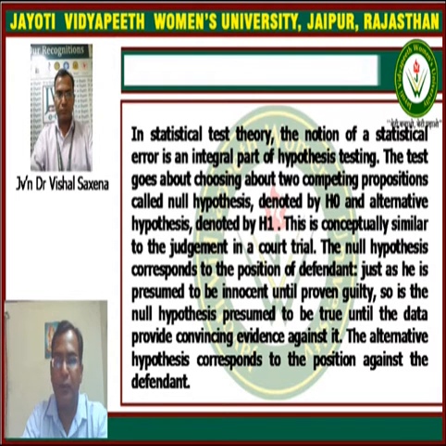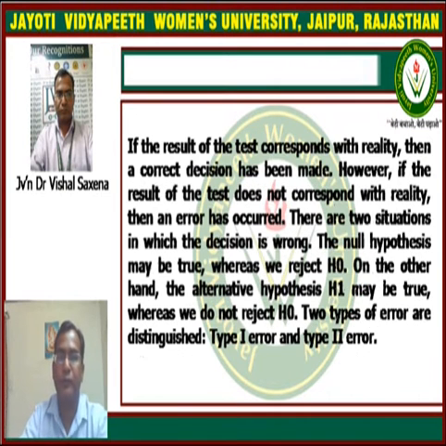The null hypothesis corresponds to the position of the defendant, just as he is presumed to be innocent until proven guilty, so the null hypothesis is presumed to be true until the data provide convincing evidence against it. The alternative hypothesis corresponds to the position against the defendant.